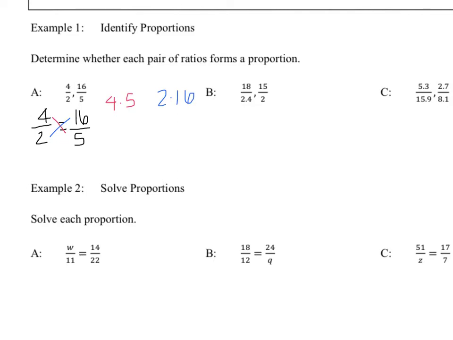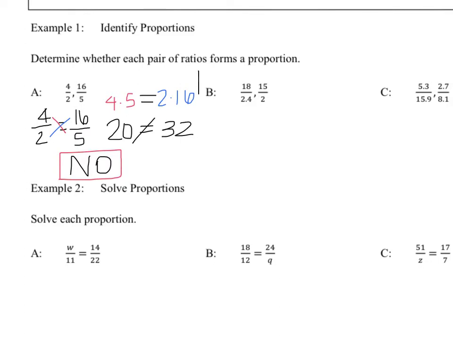And then determine if they are equal. Well, 4 times 5 is 20. 2 times 16 is 32. So those are not equal. So the answer is no to this first problem. That is not a proportion.